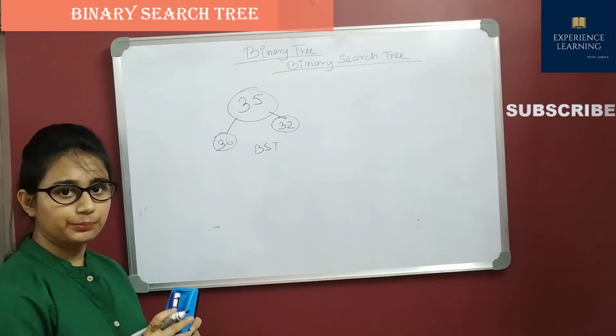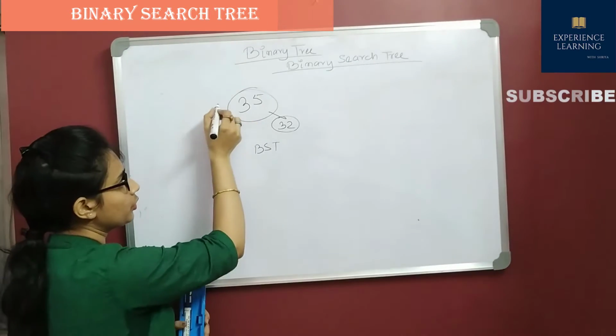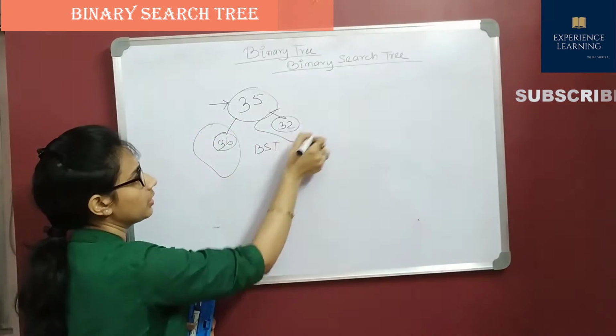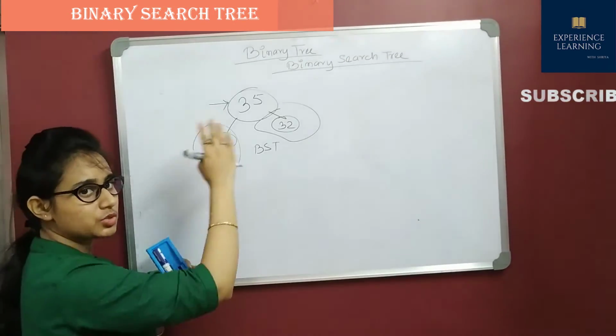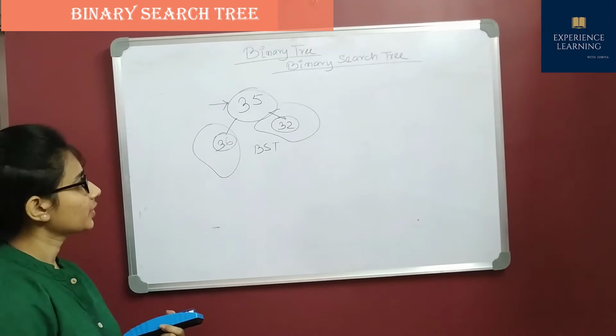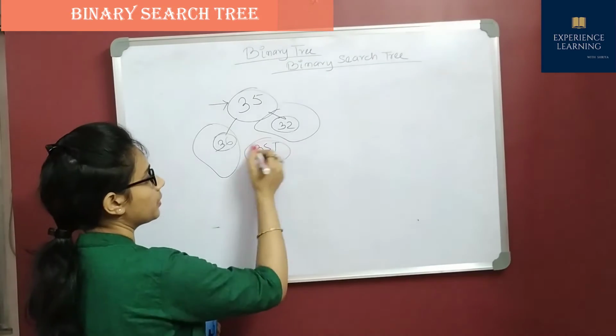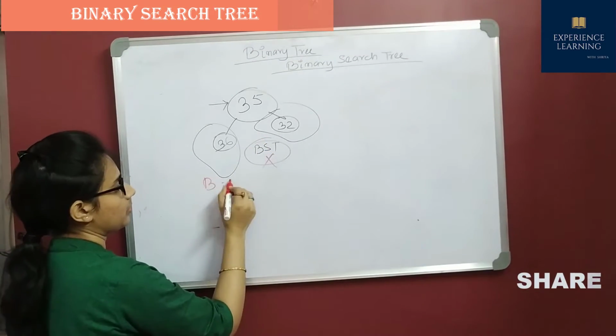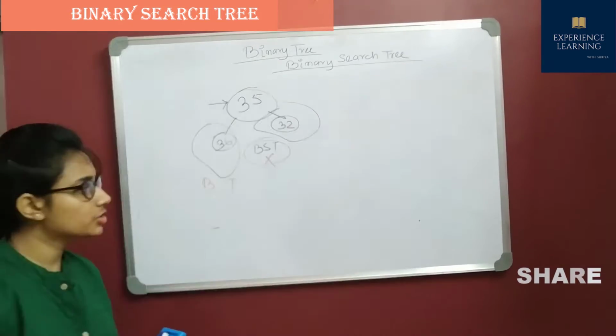If you think that this one is one element and this one is another element, that means one is the root element. So this is not a BST. This is a binary tree. Why is this not a binary search tree?